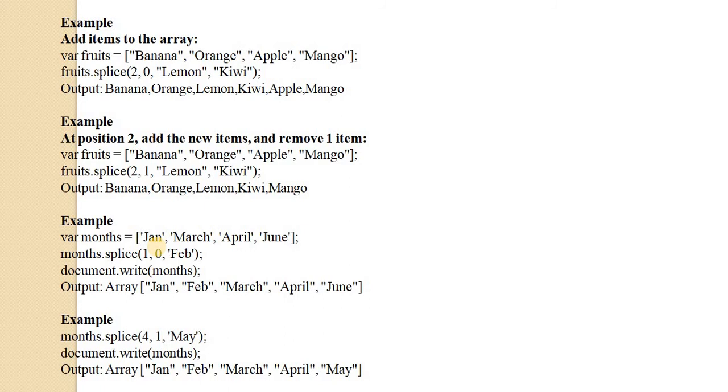In this array 0, 1, 2, 3, 4, June is replaced with May. So the output of this example is January, February, March, April, and June is replaced, means removed, because it is the fourth index, and replaced with May. And here we take May.